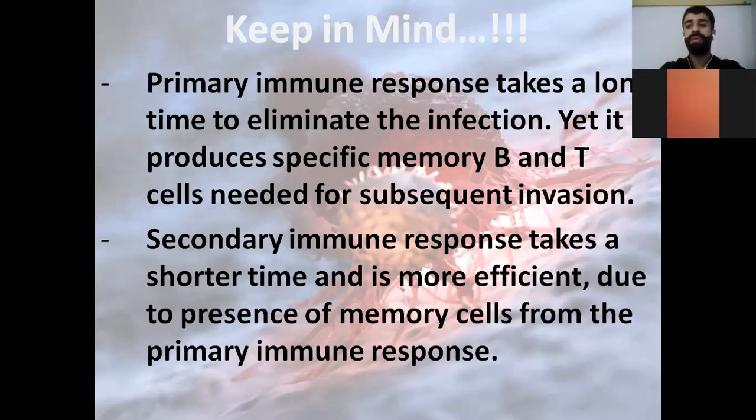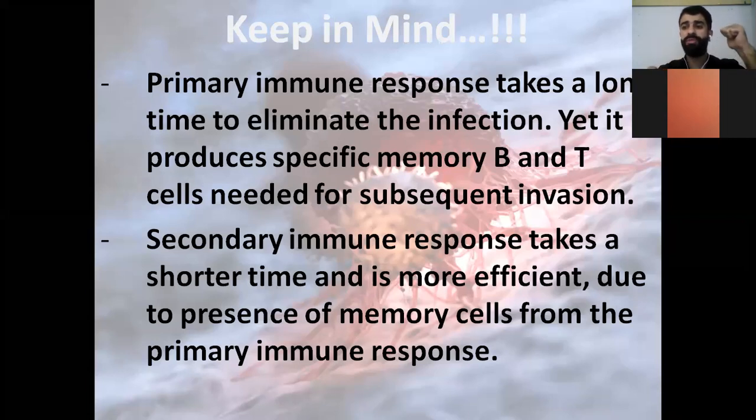So the primary immune response will take a long time, but it produces memory B and T cells. These memory B and T cells recognize the antigen and are needed for the next invasion. When this virus or bacteria comes again, these memory cells know it, they memorized that this one is causing disease.